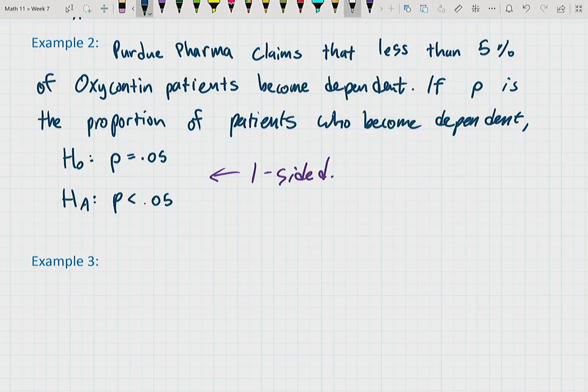So here would be a similar example. How about in the class action lawsuit that's going against Purdue?